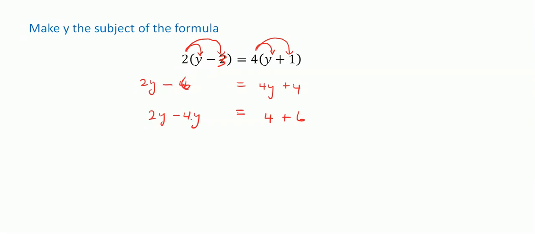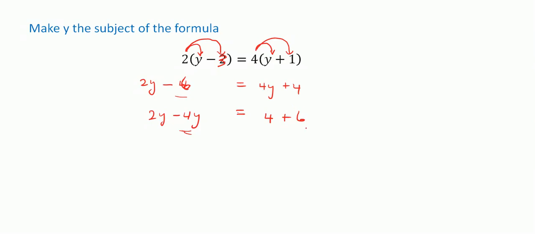Some students may get confused as to what I did here. The first thing I did was to remove the 4y from this side of the equation. In order to do that, I need to subtract 4y from both sides. So that's how I got this minus 4y here, and this one disappeared. What I also did was to remove the minus 6. In order to remove the minus 6 from this side, I need to add 6 to both sides of the equation.